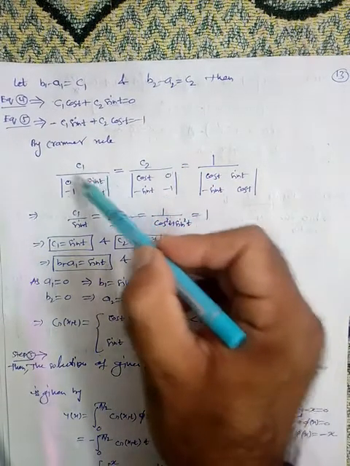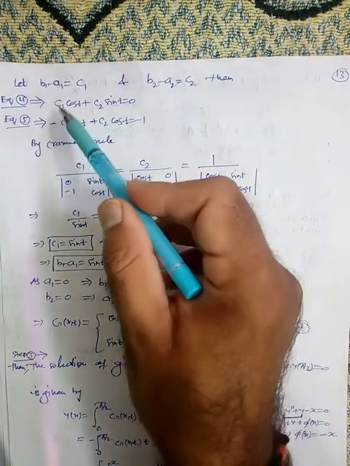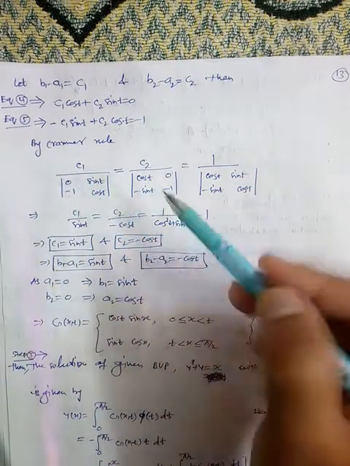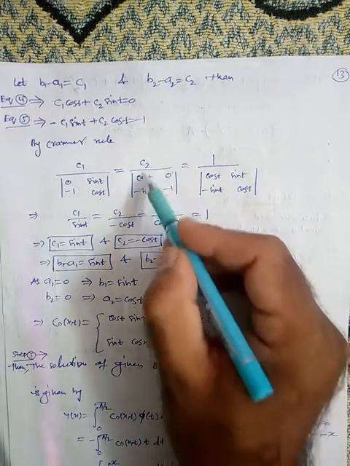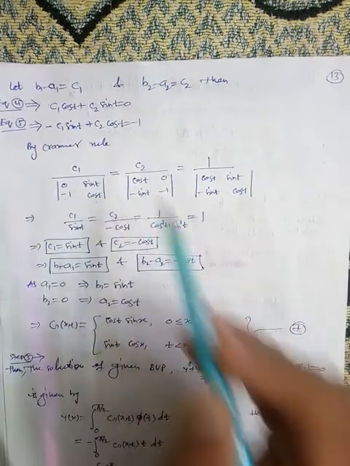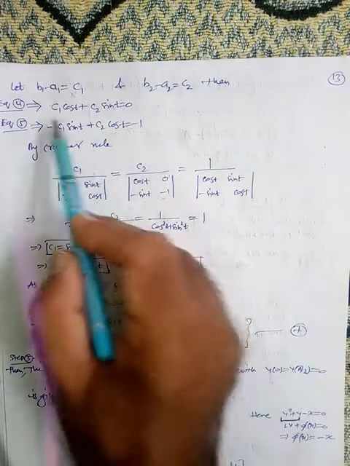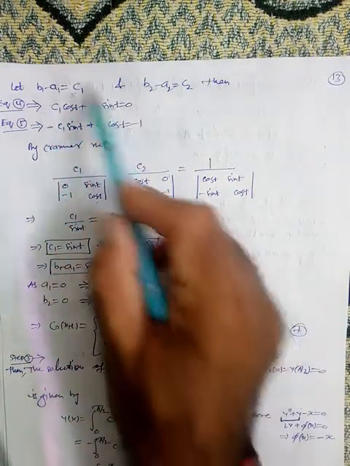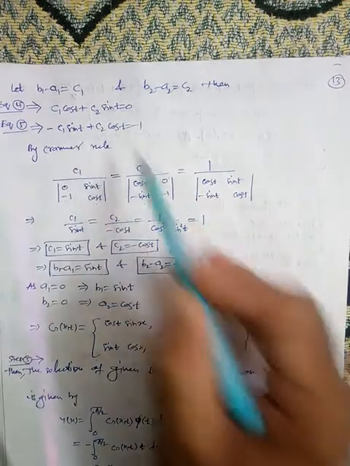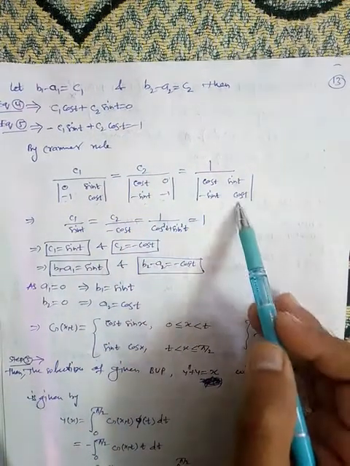Here c1 is the first unknown variable, so 0 and minus 1 will come in the first place, and c2 is the second unknown, so this column will come in the second place. The denominator is the determinant associated with c1 and c2: cos t, minus sin t, sin t, cos t.